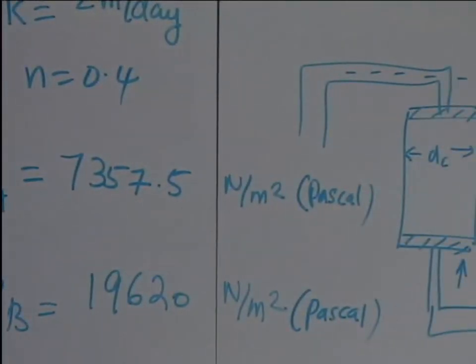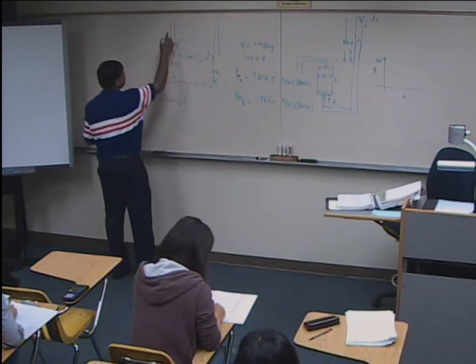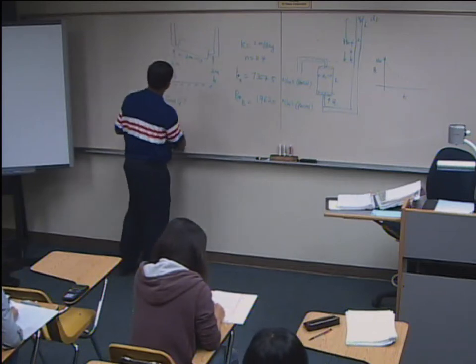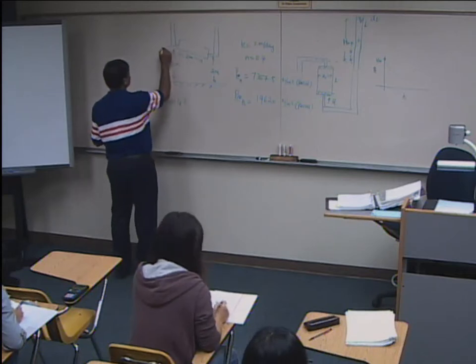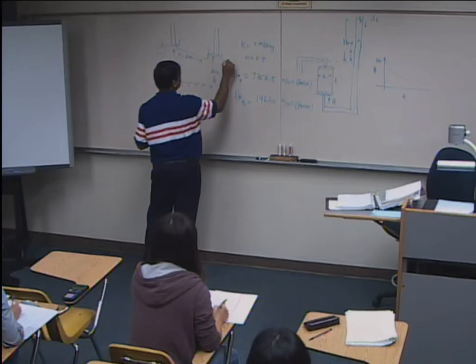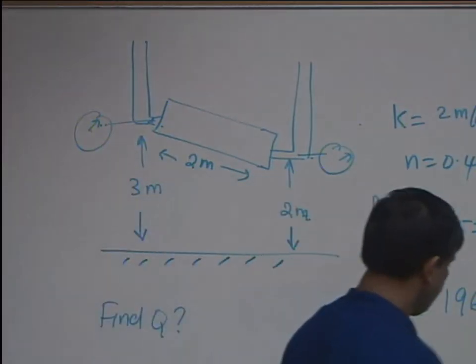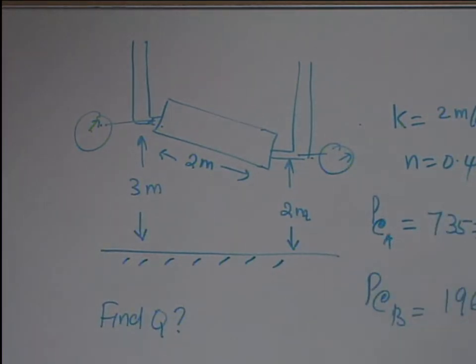I guess the first question is find Q. It's a little tricky, because I'm giving you the pressure, not the head. So let's say I attach this to a pressure gauge, and that gave me the pressure, which I usually don't do. Okay, how do I solve this problem?